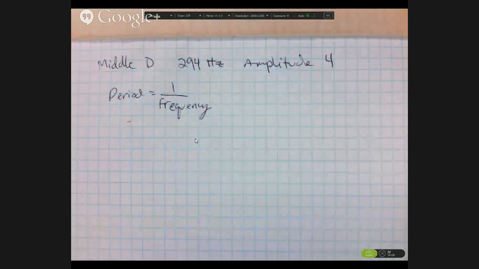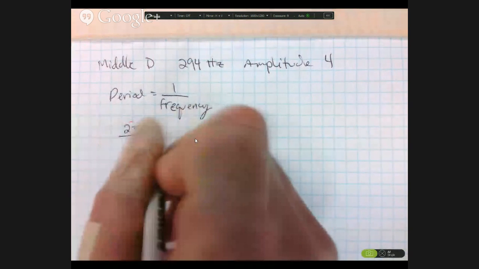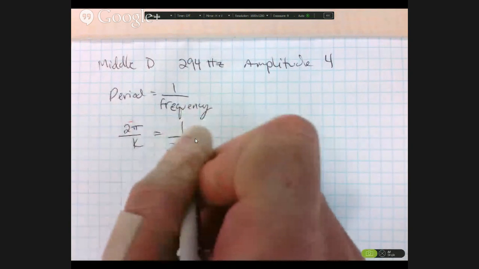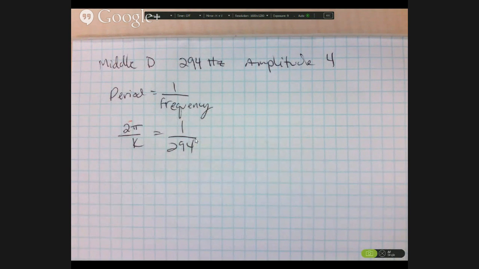So if we want to find the value of K for our function, there's your formula. Period's 1 over frequency, so 2 pi over K equals 1 over 294. Go ahead and solve for K.